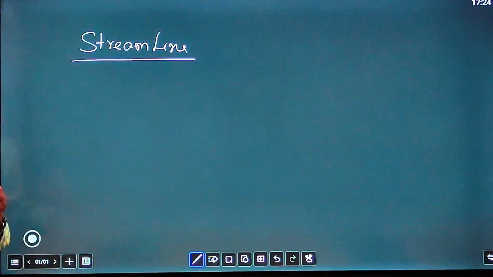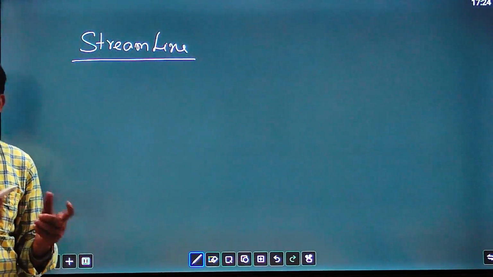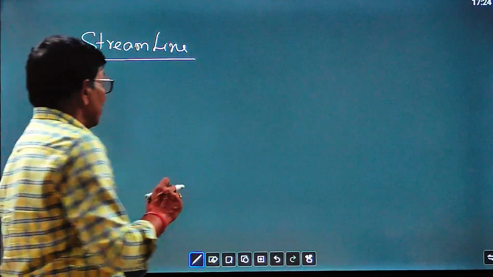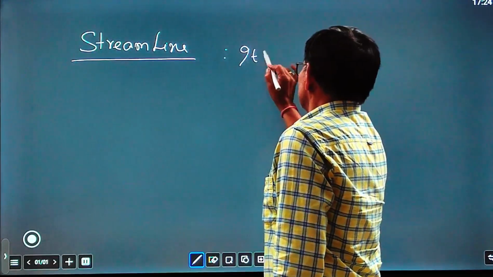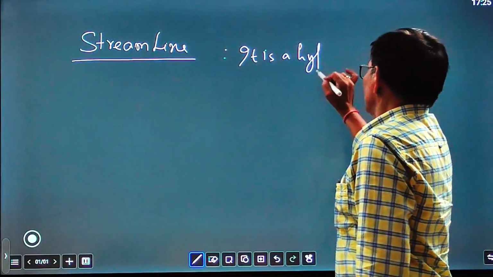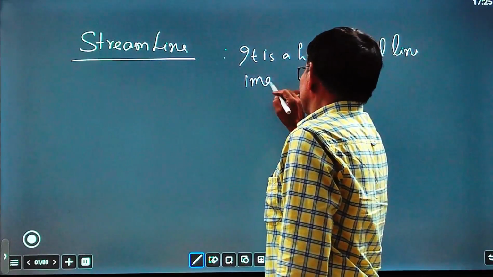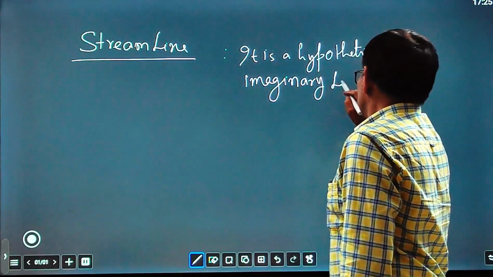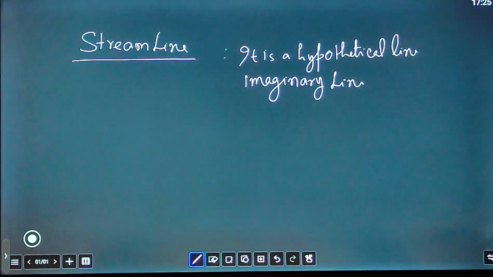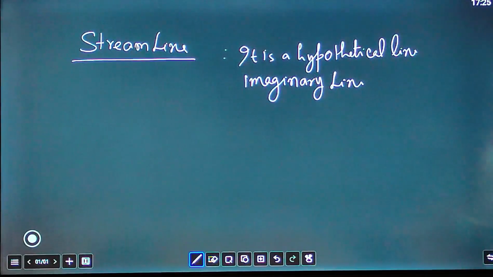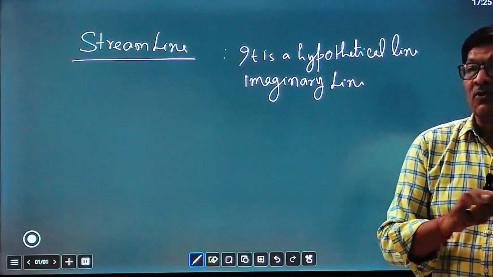In fluid flow phenomena, you can't draw any line over the fluid, so a streamline is a hypothetical or imaginary line drawn in the fluid flow field in such a way that the tangent at any point on the line indicates the direction of motion of the fluid particle.